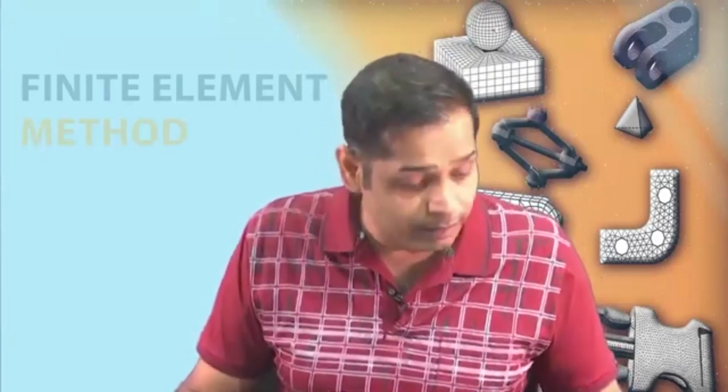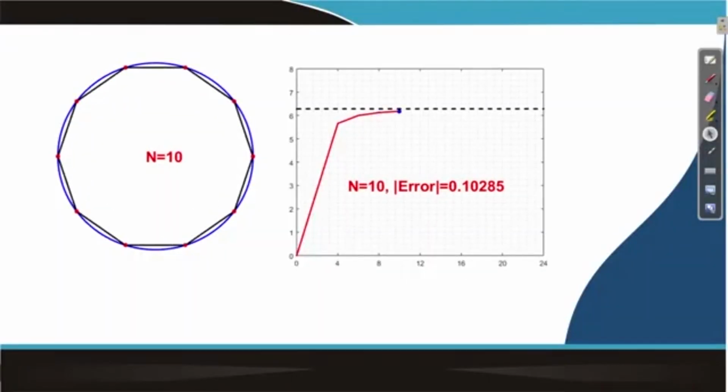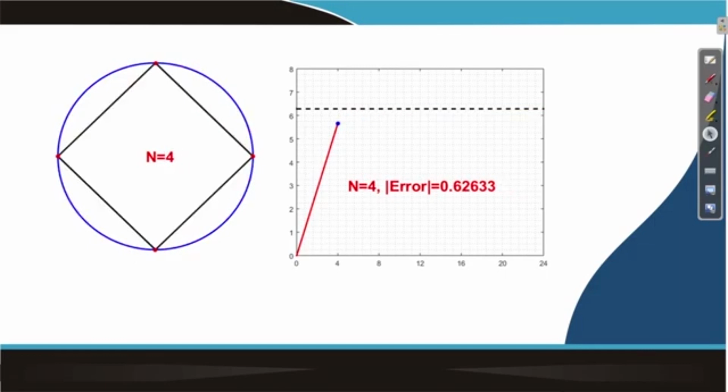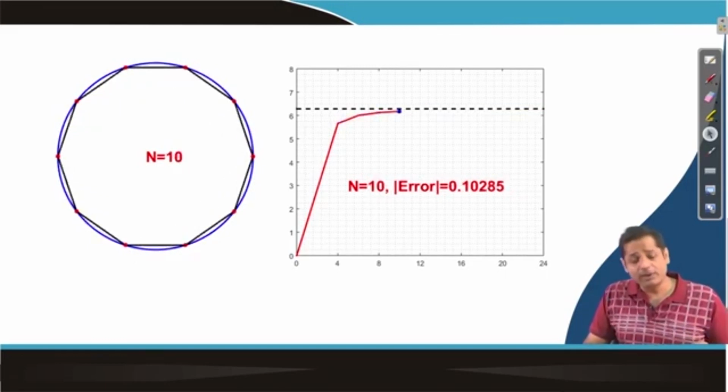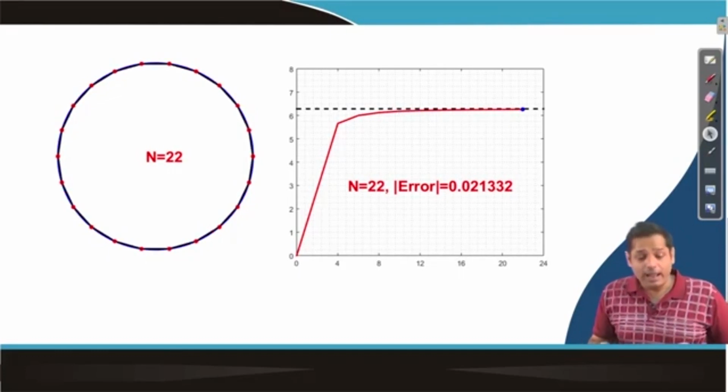Now, in order to demonstrate that, you remember we took this example of determination of the circumference of a circle. I will not go through the entire example once again, but I would like to re-emphasize the points that we understand from these examples.